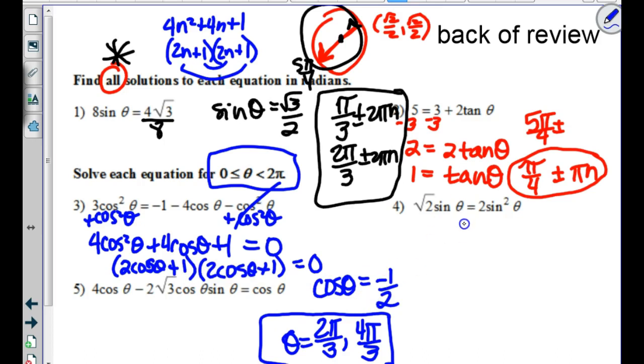What about this number 4 over here? Ugh. Square both sides? So it now says 0 equals 2 sine squared minus square root of 2 sine theta.